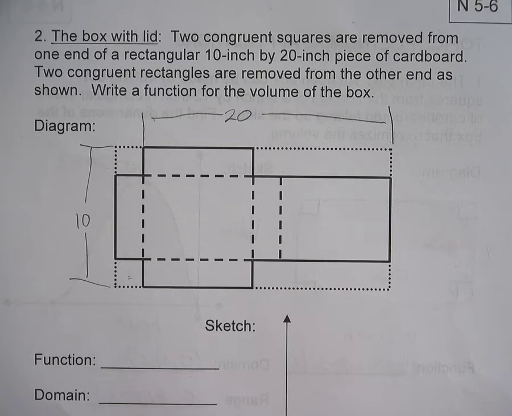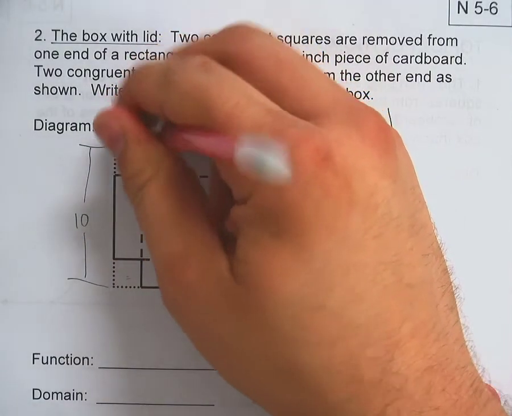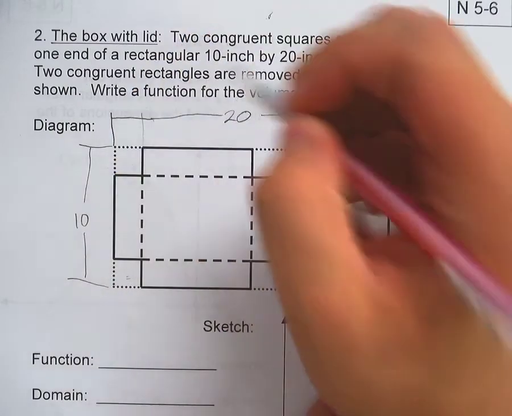Determine the value of x so that the resulting box has a maximum volume. Okay, just a little bit more information on this here. Oh, I'm sorry, I messed up that line on that 20. That 20 goes all the way out here. Just saw that.